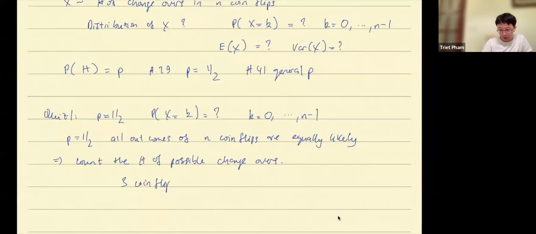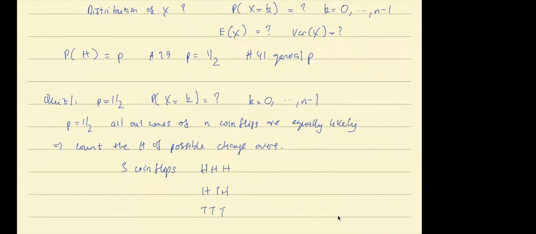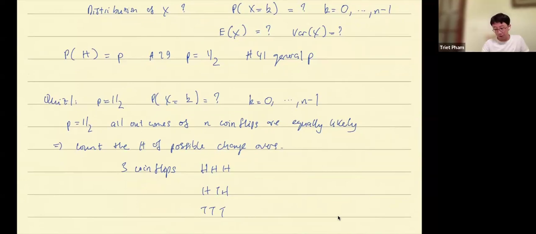How many sequences of 3 coin flips can we have? Head, head, tail, head, tail, tail, things like that. How many ways can I do it? Is it 6 ways? No. It's 8. It's 2 cubed.